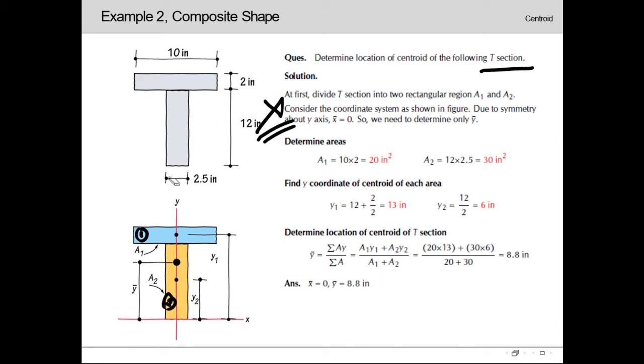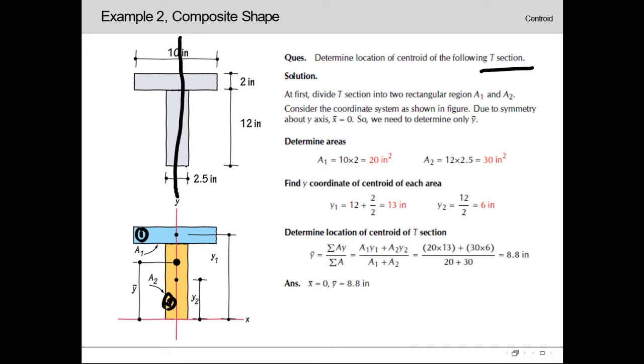As we already mentioned, the y axis divides this entire section into two equal segments, so this is symmetric with respect to the y axis.